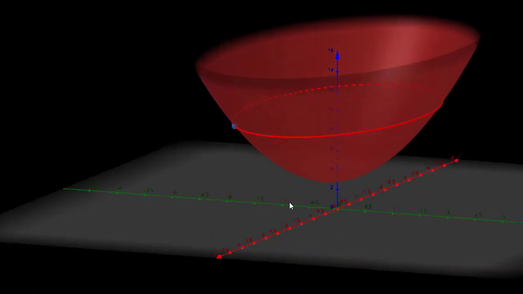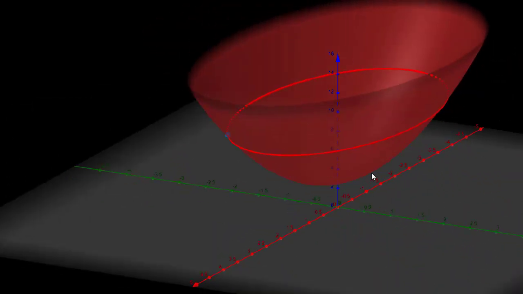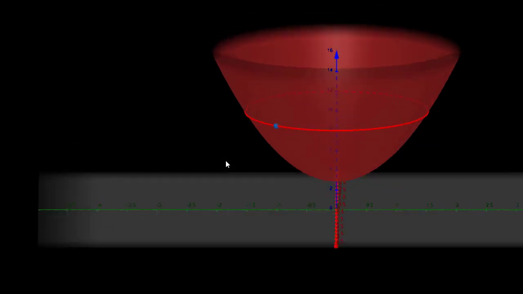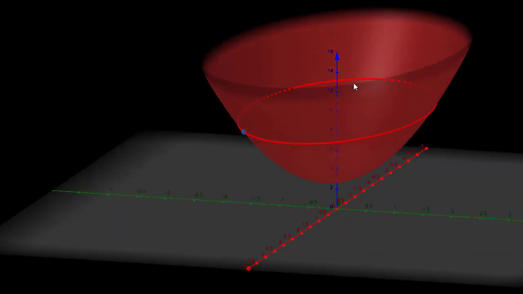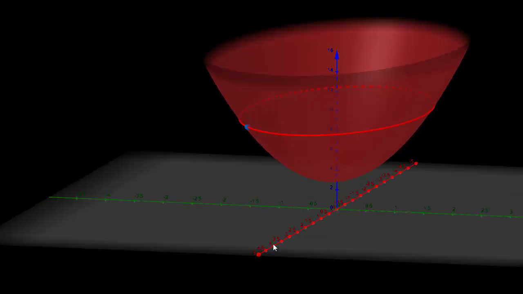All right, so here's a graph. Here's the surface, here's the point we were looking at. And then here is the level curve that goes to that point. So this is the z equals 10 level curve.